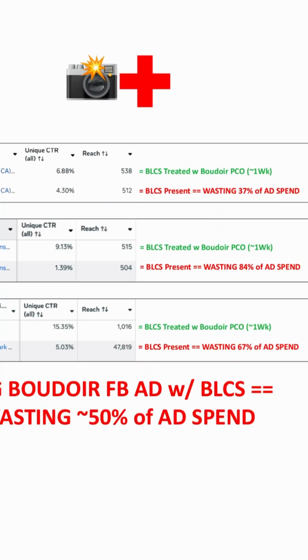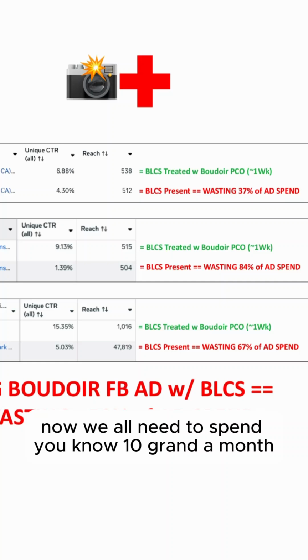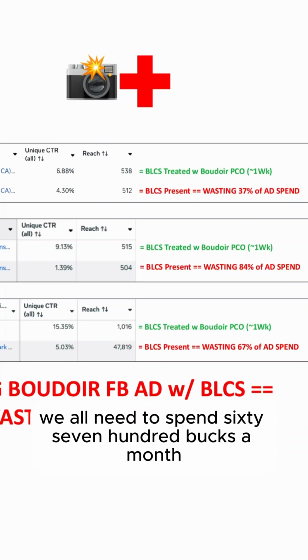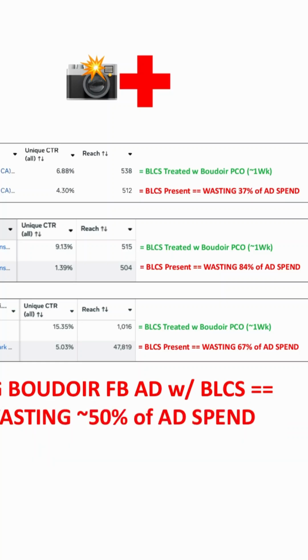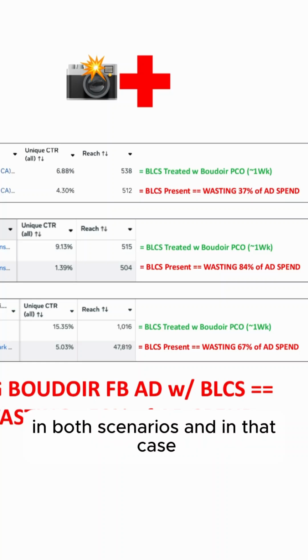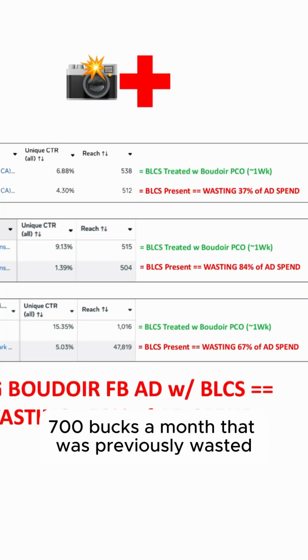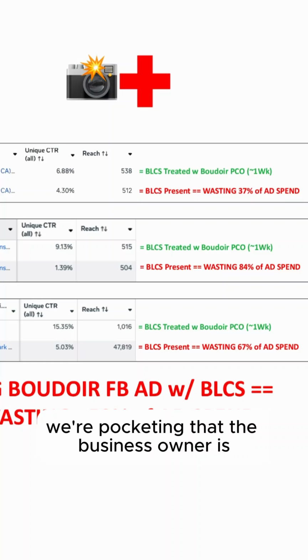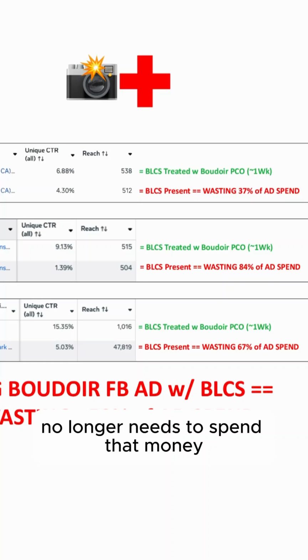So they're spending 10 grand a month on the original Boudoir Facebook ad. Now we only need to spend 6,300 bucks a month on the Boudoir Pico treated ad to get our ads into the same number of women's brains in both scenarios. And in that case, the business owner is pocketing that 3,700 bucks a month that was previously wasted, by simply not needing to spend that money anymore.